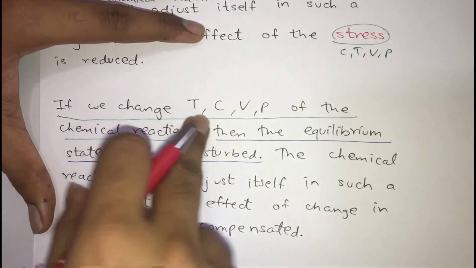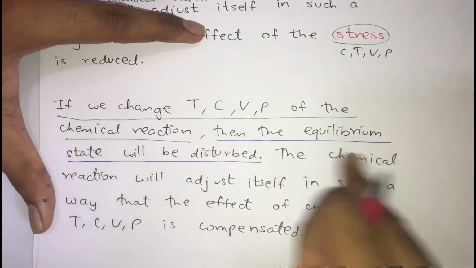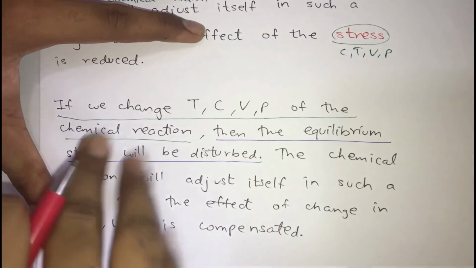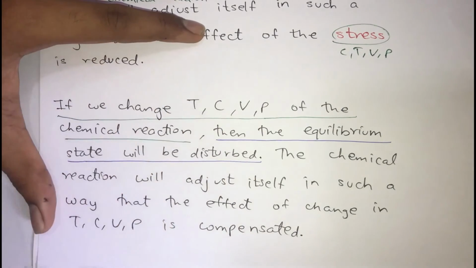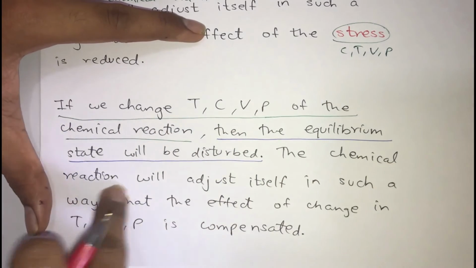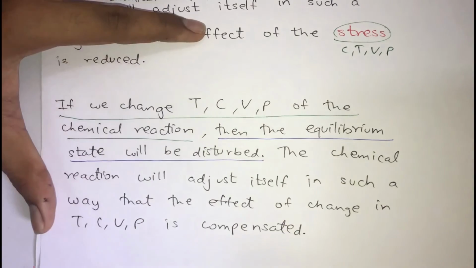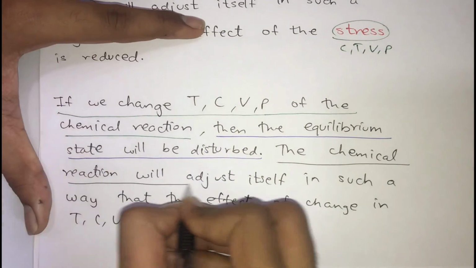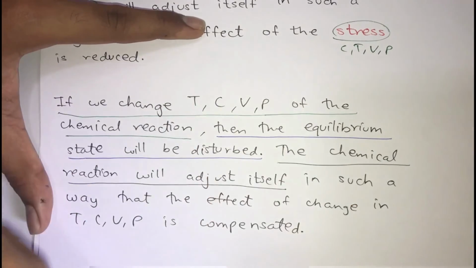So when you change these four parameters, the equilibrium state will be disturbed. Next, now since the equilibrium state is disturbed, what will the chemical reaction do? The chemical reaction will adjust itself.